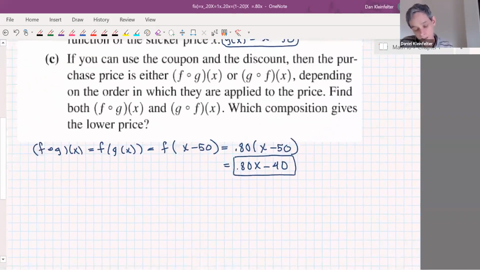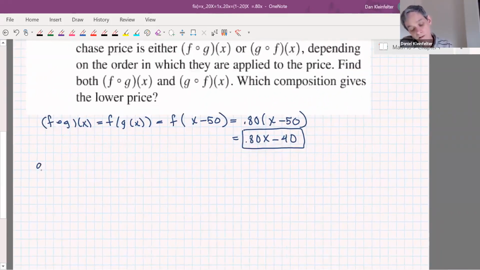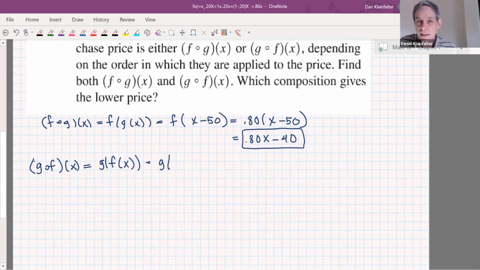That's the first composition. Now we will have g circle f of x. This will be g of f of x. This time we're taking g and we're going to put f into it.